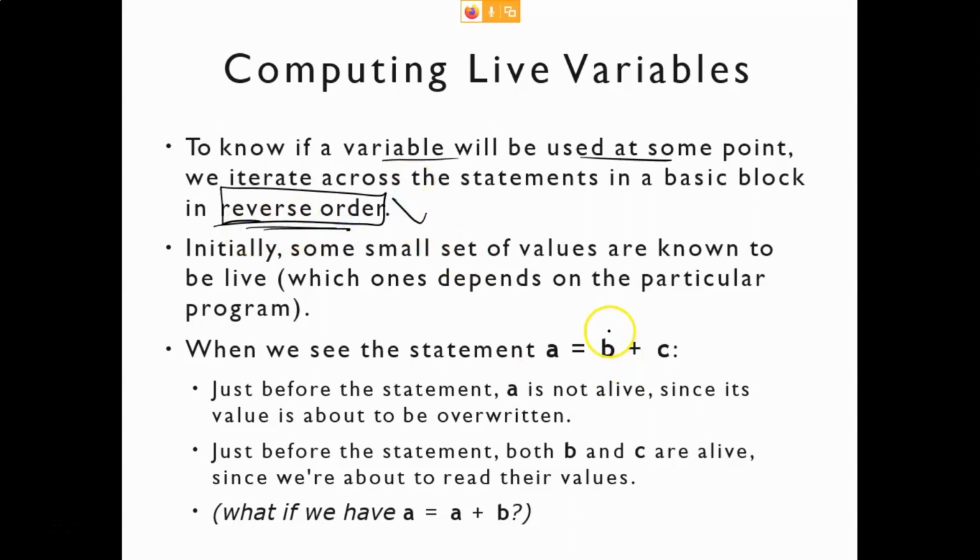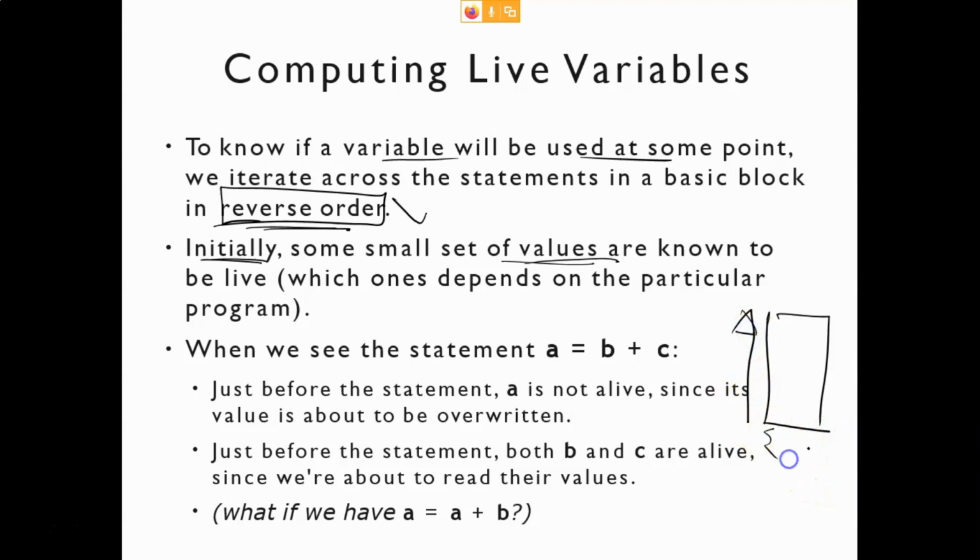When we do this in the reverse order, initially some set of variables will be given to you. Whenever there is a question on liveness analysis, they will give you some set of variables which will be alive at the bottom of the program, because let's assume this is your basic block and you are analyzing in the reverse direction.